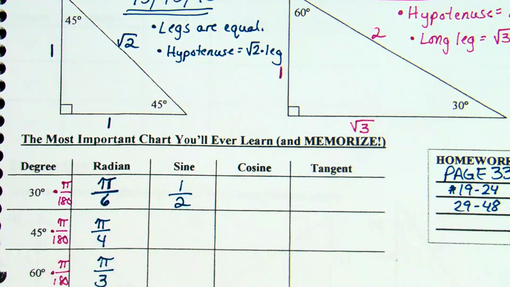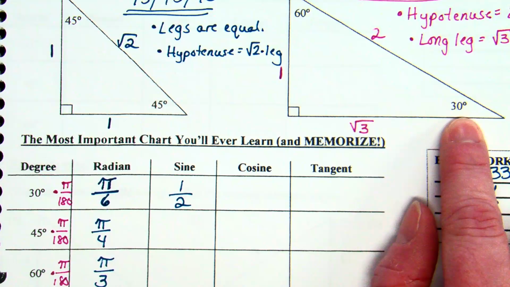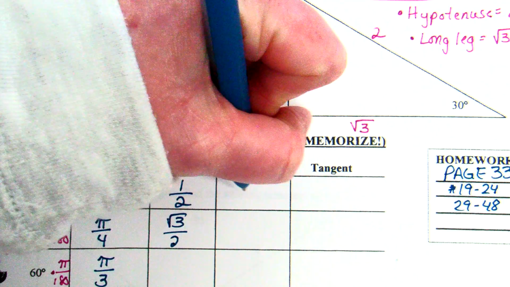Okay? I'm going to go all the way across with the 30 degrees. So let's look at cosine of 30 next. So here's 30. How do I do cosine of 30? Adjacent over hypotenuse. And what's adjacent over hypotenuse? Square root of 3 over 2. Whoops. Don't do what I just did. We're going across.